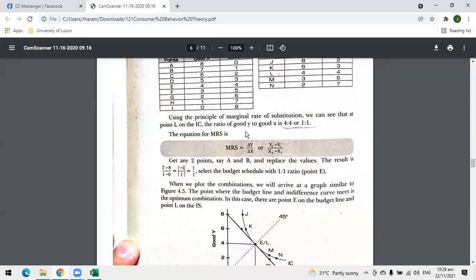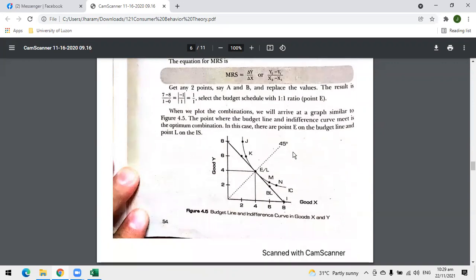So the equation now for MRS is equal to changes in Y over changes in X, or Y2 minus Y1 over X2 minus X1. So he says here, get any points, say A and B, and replace the values.